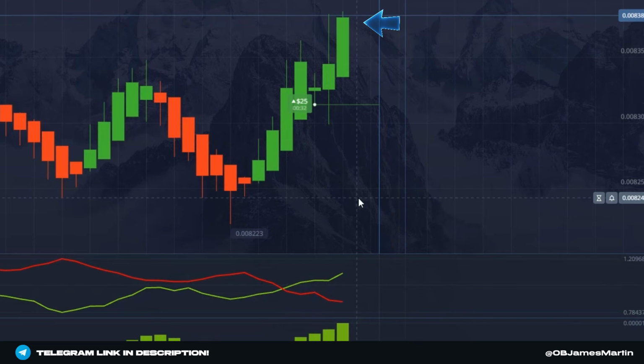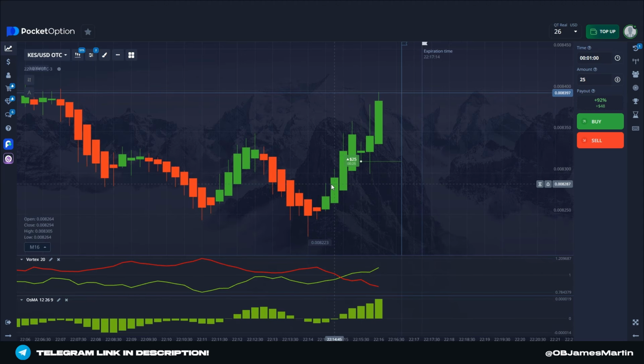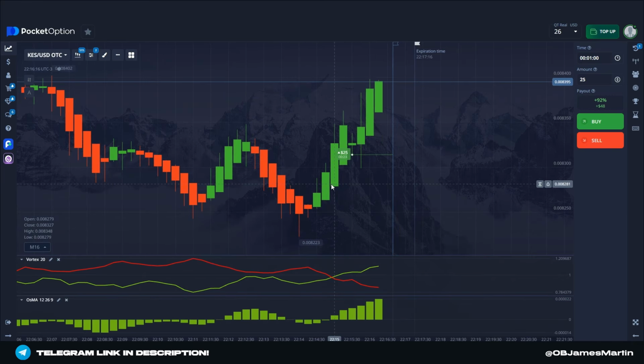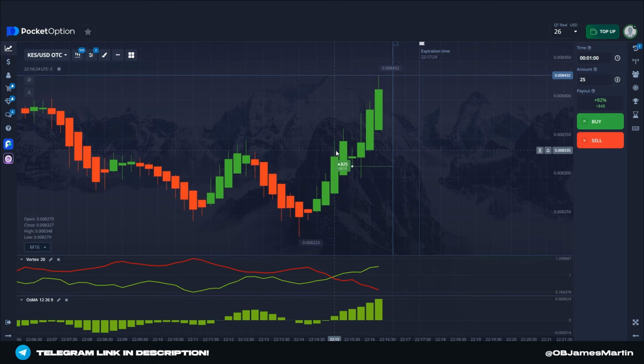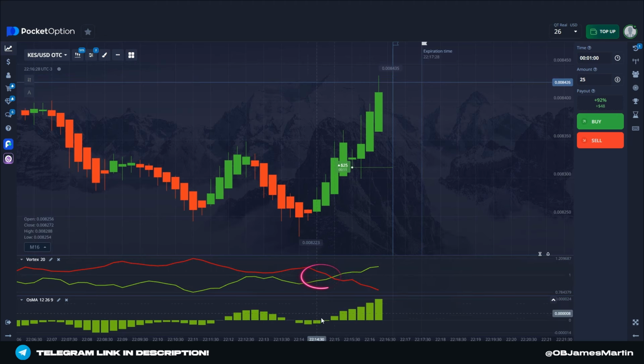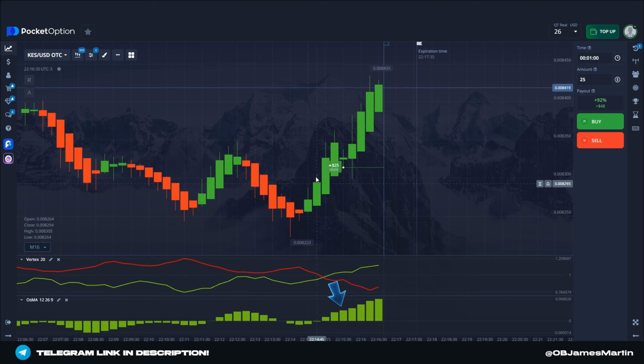You must have a stable candlestick before placing a trade. In a situation where candlesticks chop like this, please do not place a trade if you do not see that confirmation. However, you must see a strong candlestick before that. Before you place a trade, you must always consider your vortex indicator and the OSMA. Okay? And you can see right here, we got only 6 seconds left, and it'll make you very good profits.